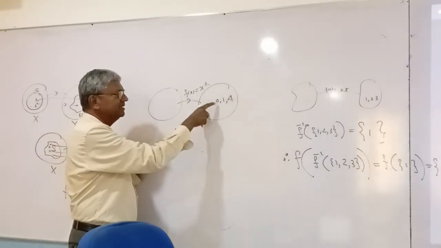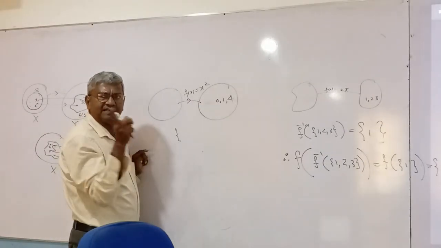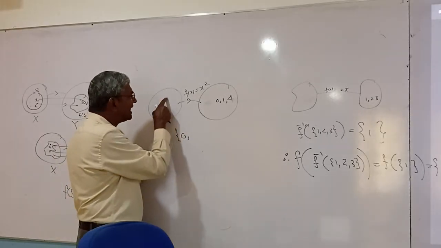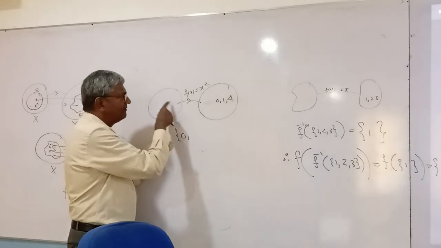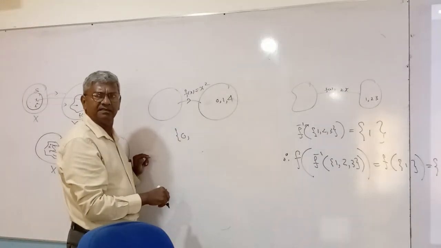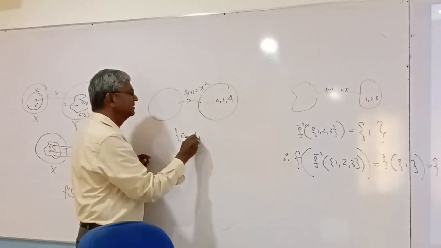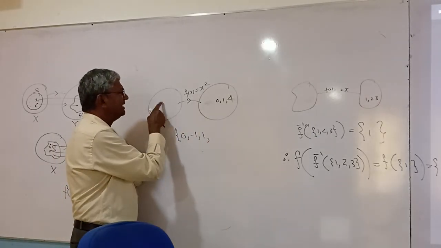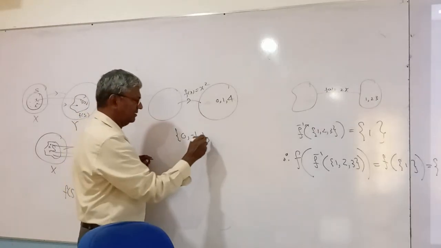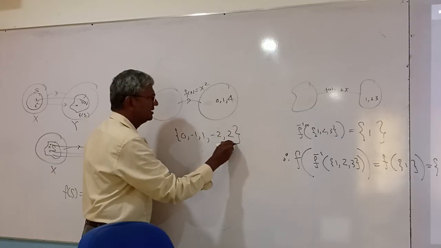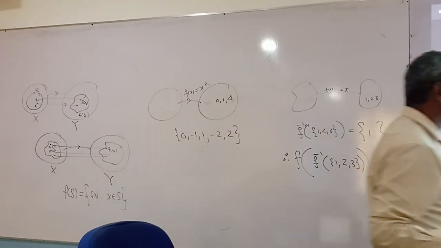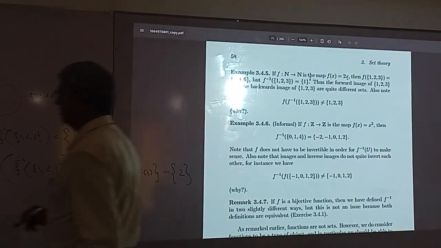Are there elements here which, when you square them, you get 1? What are they? Minus 1 and 1. Are there elements here which, when you square them, you get 4? Minus 2 and plus 2. So f inverse of {0, 1, 4} is {minus 2, minus 1, 0, 1, 2}.